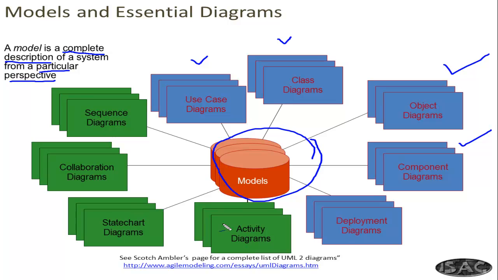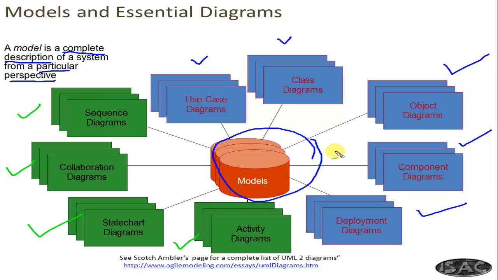Some of these diagrams are called static diagrams and some of them are dynamic diagrams. These green ones are all dynamic diagrams. So what it means is that sequence diagrams, collaboration diagram, state chart diagram and activity diagram are dynamic in nature, and these are a little static in nature.